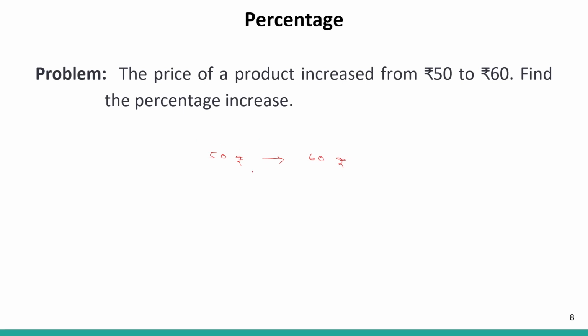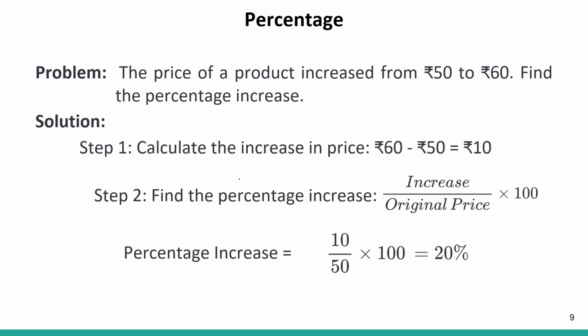Find the percentage increase. So how to find the percentage increase? Let's see step one. Step one was to calculate the increase in price, that is 60 minus 50, that is 10. The percentage increase is equal to increase by original price. What was the original price? Original price was 50 because initially it was priced at 50 rupees.